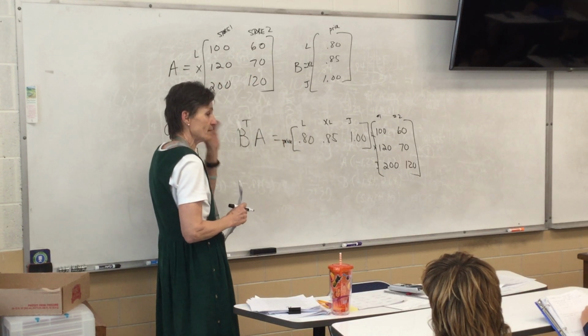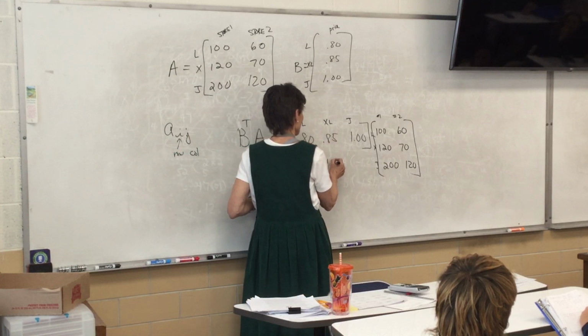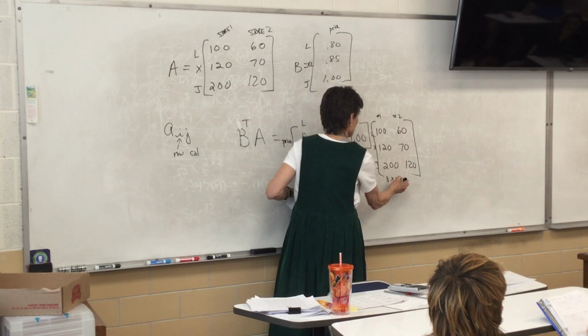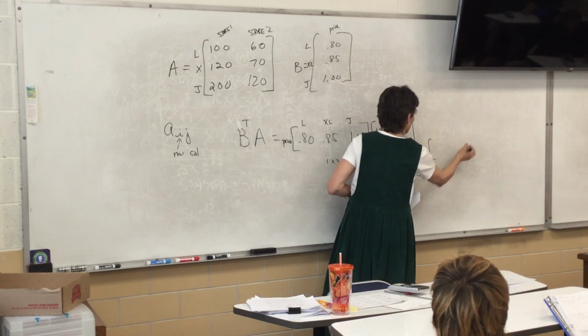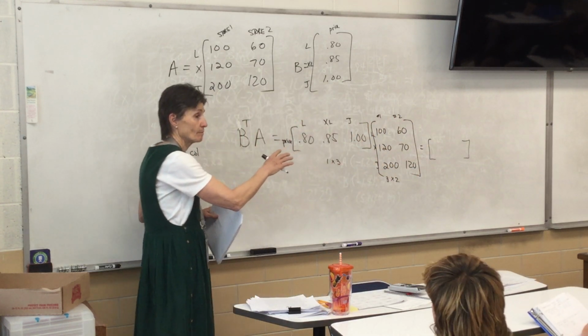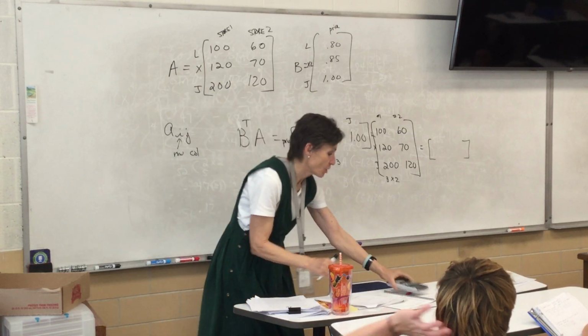Now, can I multiply these? I sure can, because I have a 1 by 3 times a 3 by 2. So I'm going to end up with a 1 by 2. Okay, so let's do it, and then let's talk about what it means.